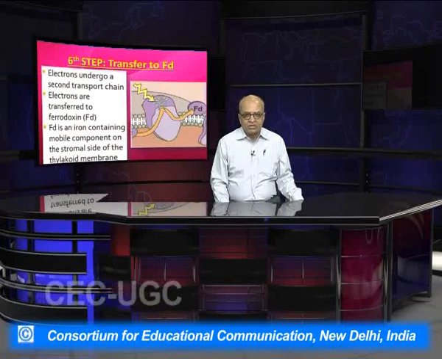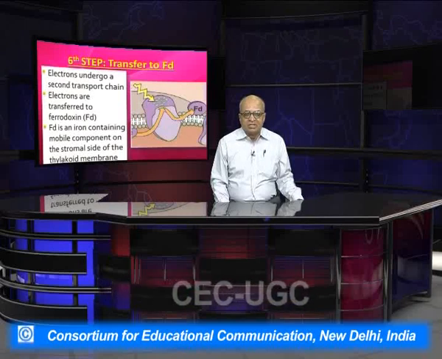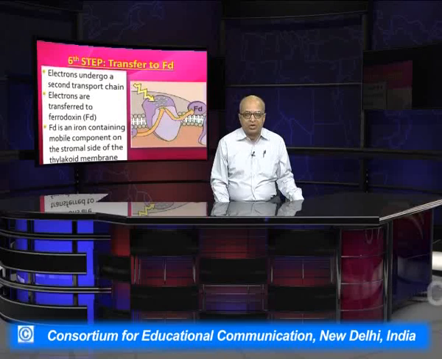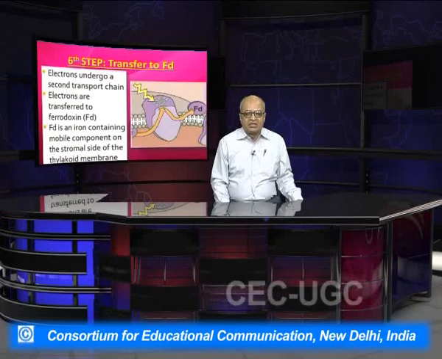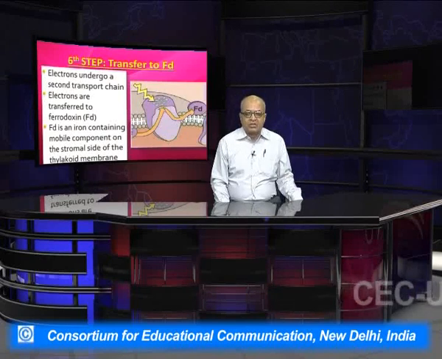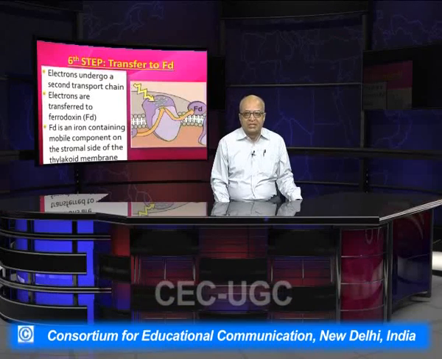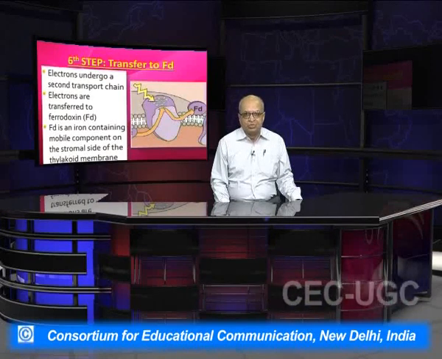Therefore, there is a reason behind this vectorial arrangement, because ultimately NADPH is to be formed, and as I said before, the PS1 is a strong reductant and a weak oxidant. This is in contrast to what we had described for the PS2.